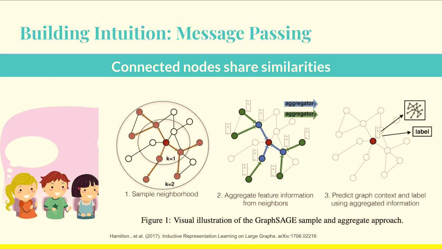But if information is traveling through edges, it means as a node, you're going to get information from 5 different nodes or 10 different nodes. And this can be a lot. So how do you aggregate it? For example, if I had 5 friends coming and telling me their own gossip, I could probably concatenate it. I could probably take the maximum interesting message out of it, or I could probably just average it out.